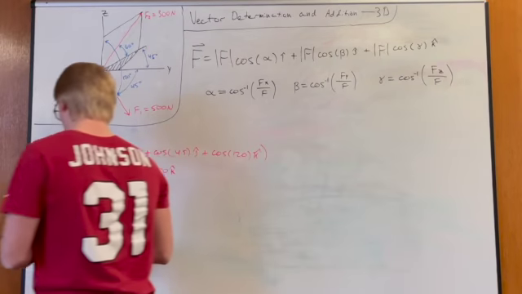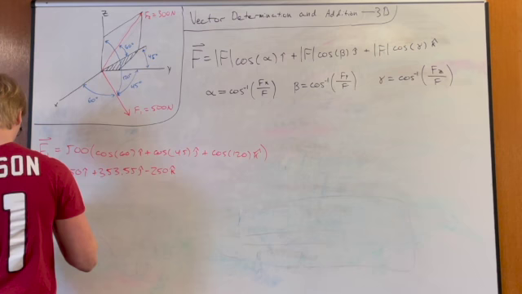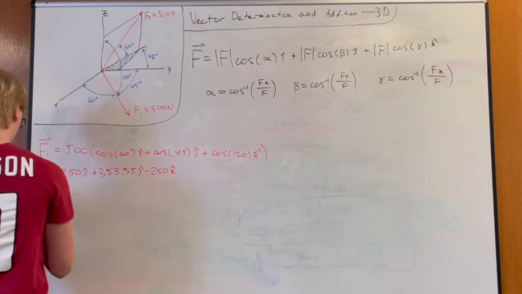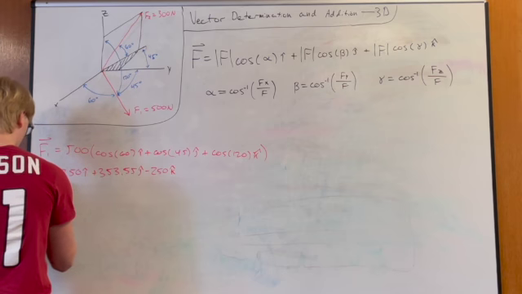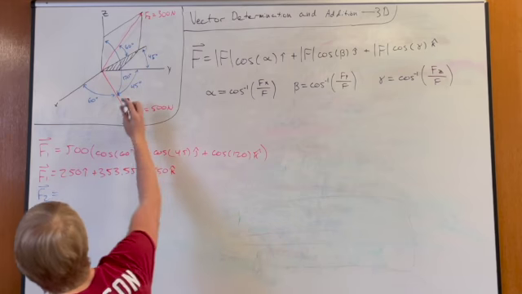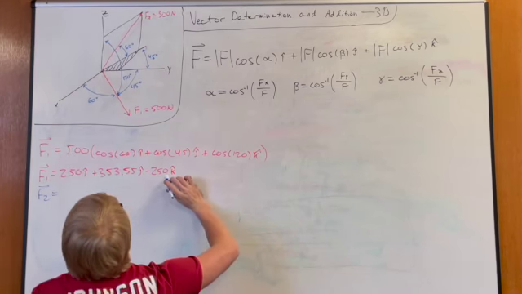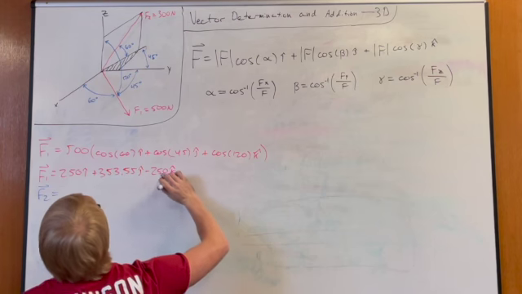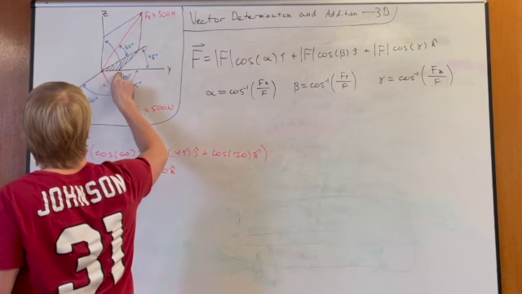So to break it down, we're going to find F2. The x component of F2 is this right here, this line from the origin to about right there.